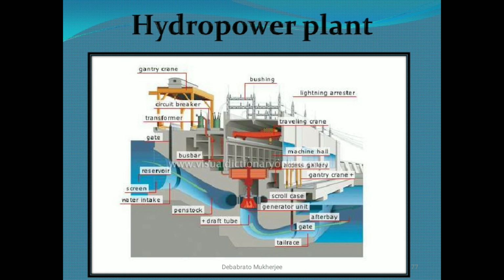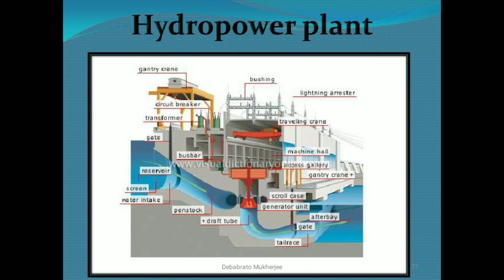Just go back and see, this is a penstock, reservoir. This is a turbine with the generator coupled, which helps the turbine and generator to rotate. The tail race carries the extra discharge water from here to the river.